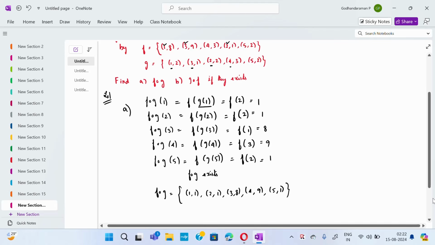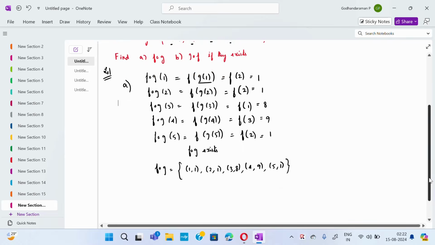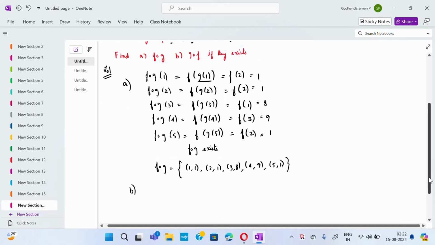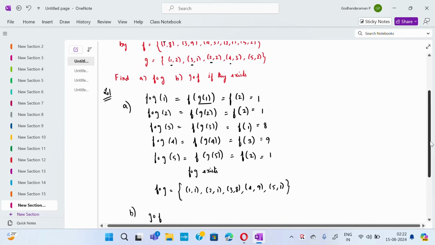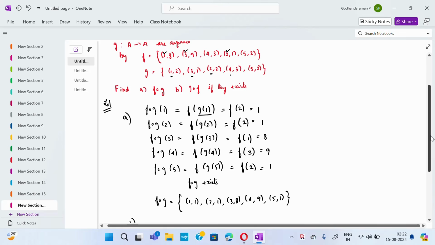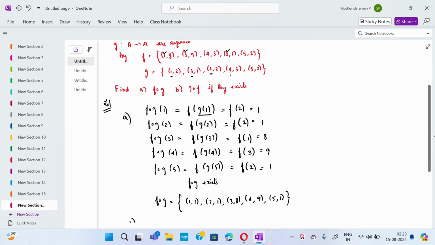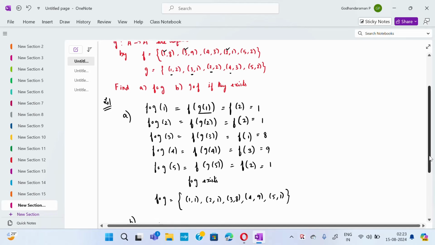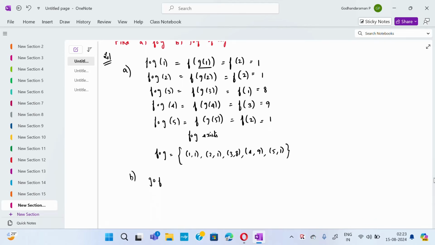It is asked for G composition F. So we'll check it. G composition F means we have to check the composition. Here, F is from A to B, so we write all the elements of F inside G: the same order 1, 2, 3, 4, 5.